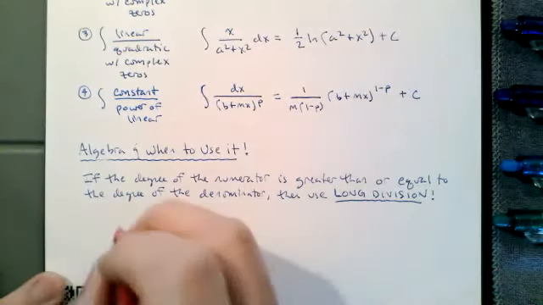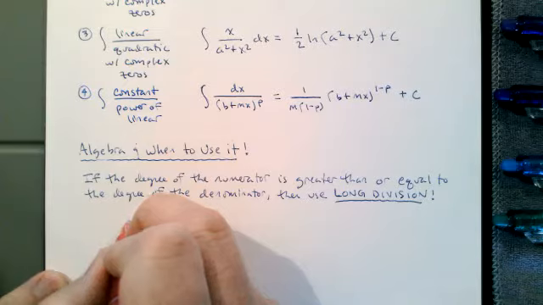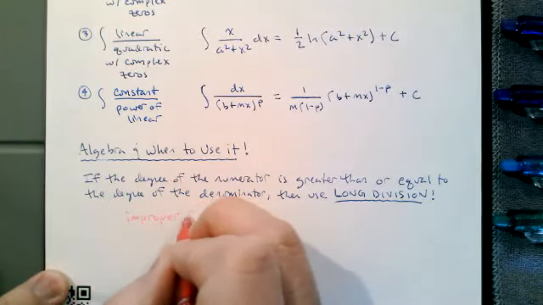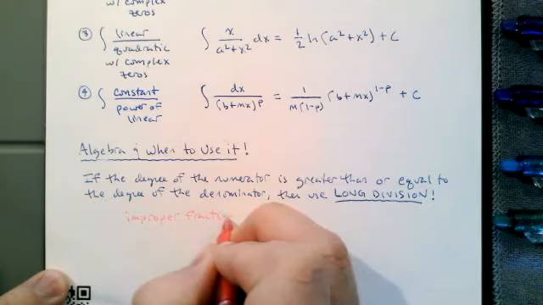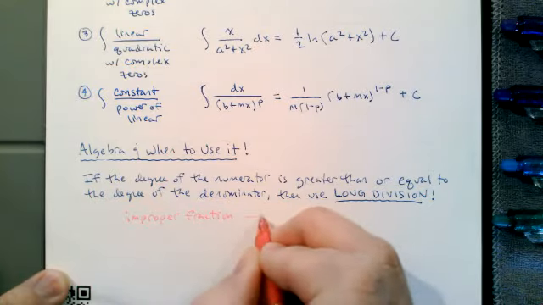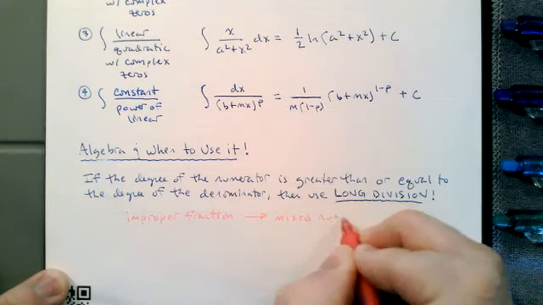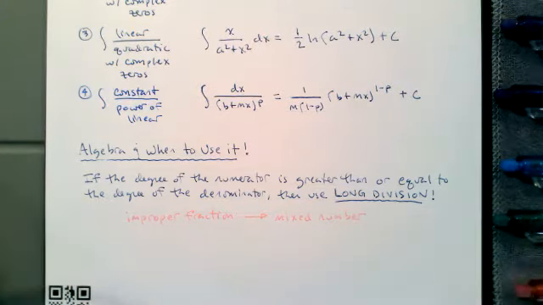That's the way I like to think of this. We use long division and we get a mixed number. We take 7/3 and write that as 2 1/3.